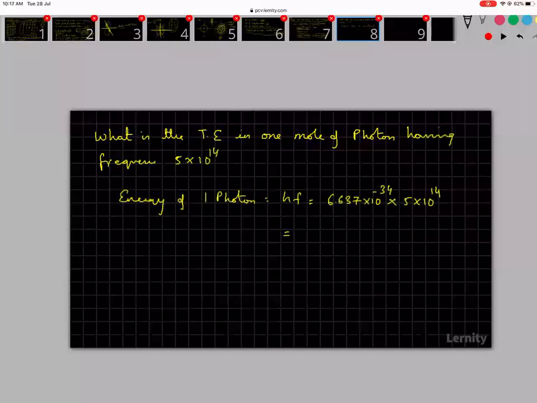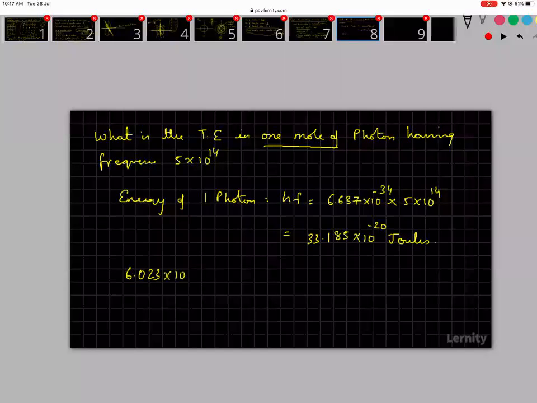When I work this out, 5 into 7 is 35, carry over 3, 15, 8 carry over 1, 31 carry over 3, 33. So this much into 10 power minus 20 joules. But how many do I have? I have 1 mole of them. So 1 mole is what? 6.6. I'm sorry.